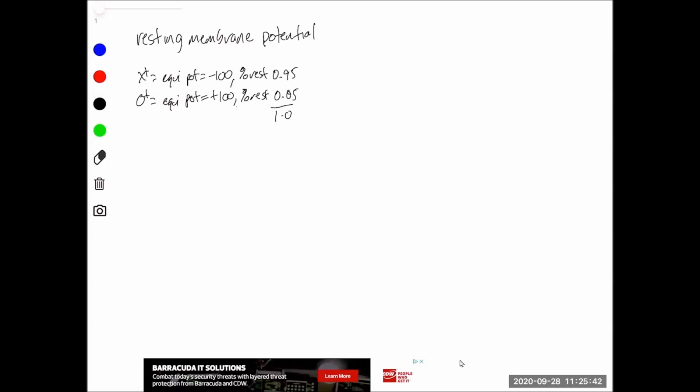So I want to use the general formula. The potential equals the percent permeability times the equilibrium potential, plus the percent permeability times the equilibrium potential.